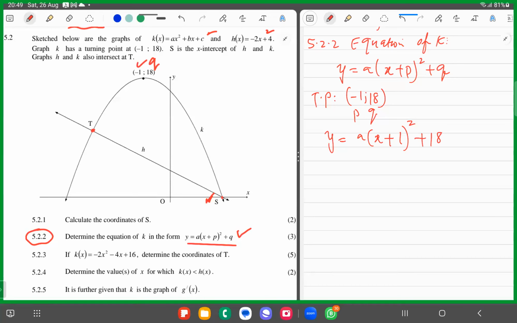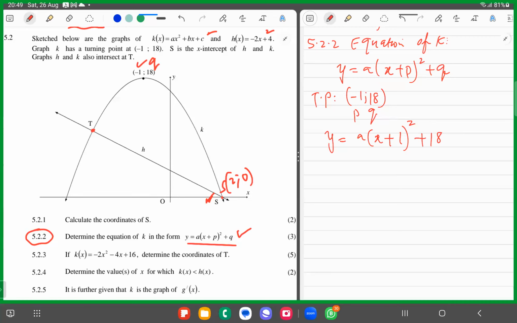Now we need to just find the value of A, and then we just need one extra point. So we're going to use the point S on the graph. In the point S, we already know the coordinates, and the coordinates are 2 and 0. Okay, so we continue with ease.